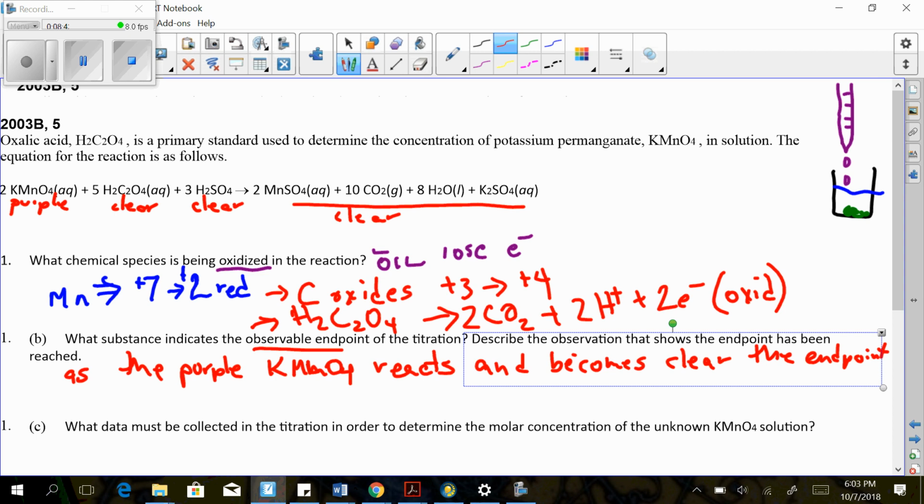And what do we mean by the endpoint? That is when we have equal molar reactions reacting. And so it becomes clear.